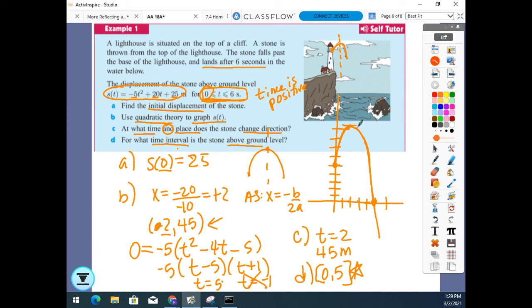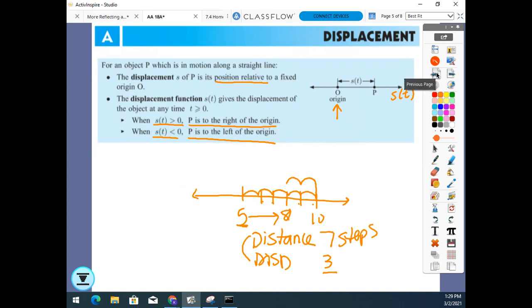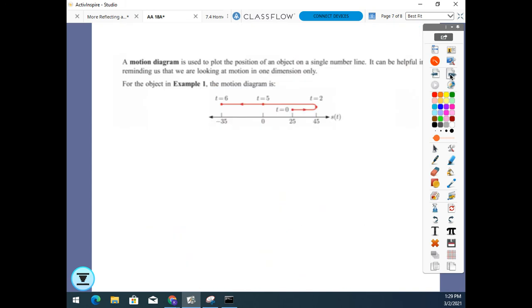Sometimes what we do, rather than graph it, is write it into a motion diagram. This is also called the motion diagram with respect to the origin. So here's our origin. We started at 25 because this number line at the bottom is the position function. You put an endpoint where it starts, and note that this is time 0.